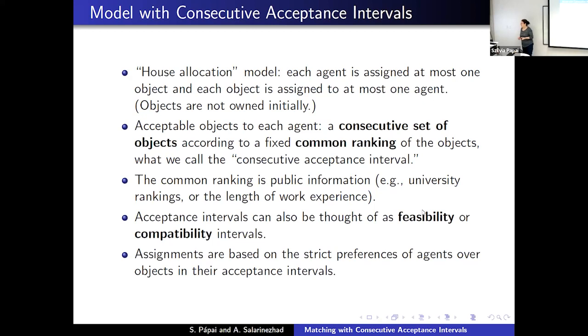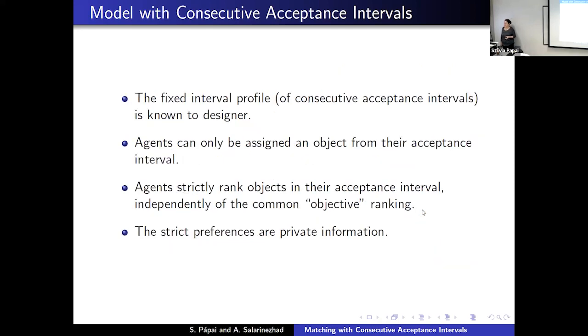What we are interested in is when agents have a range of objects that is acceptable to them, or compatible, or that they are eligible for according to this common ranking. The common ranking is public information, and the assignments are based on the strict preferences of the agents over the objects.